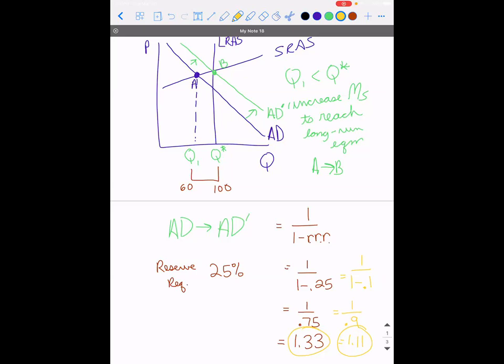Now, what this starts to tell us is it starts to give us an idea of how much I need to change things by.